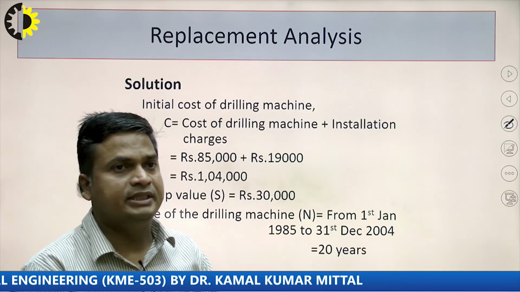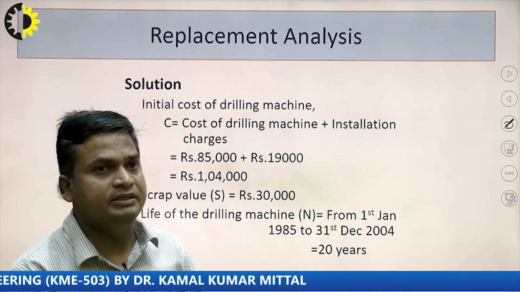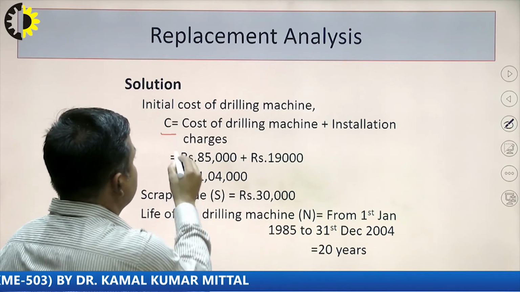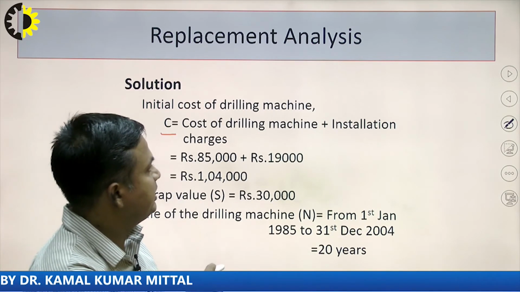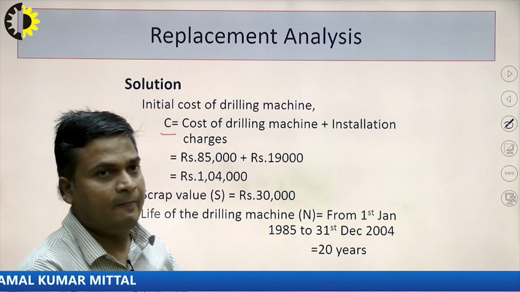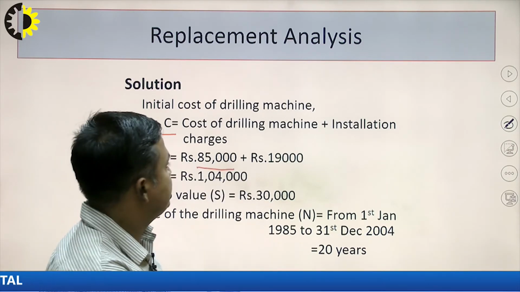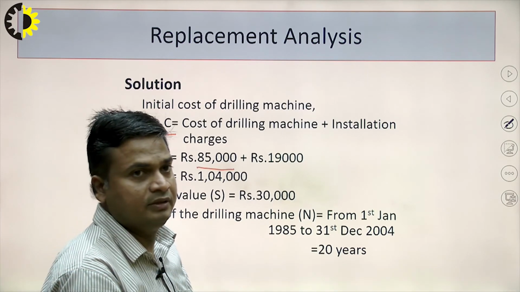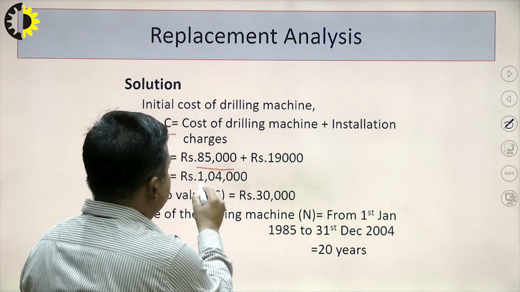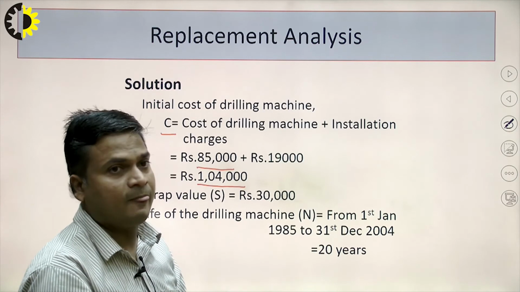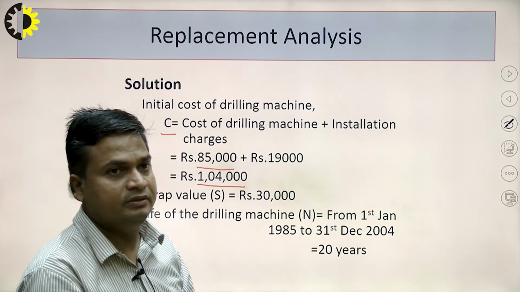Now the solution. Initial cost of the drilling machine, that is C, is equal to the cost of the drilling machine plus installation charges. Cost of the drilling machine is rupees 85,000. Installation charges are 19,000. So total cost is rupees 1,04,000. Scrap value is rupees 30,000.